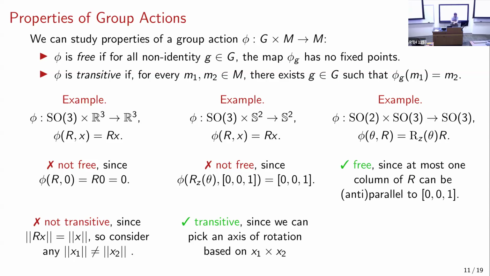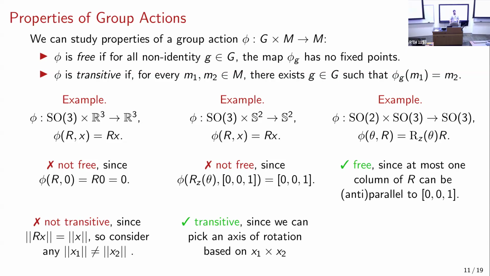In the second example, the problem was that this particular point on the sphere is directly along the axis of rotation. But since we're acting on this full rotation matrix that has 3 columns, 2 of those columns have to be not along that line, right? And so this rotation will always rotate something. There's always going to be some movement for every point.